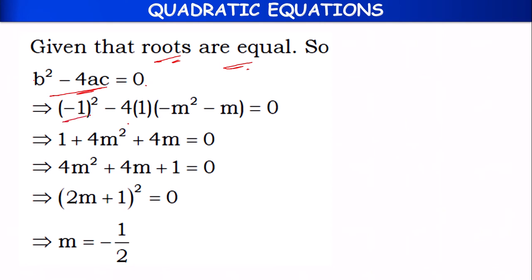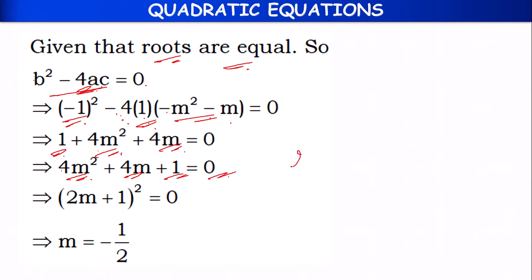Let's substitute b value minus 1 whole square, minus 4 into a value 1, c value minus m square minus m. Minus into minus plus, 4m square plus 4m. Let's write 4m square first, then m term, then constant term.